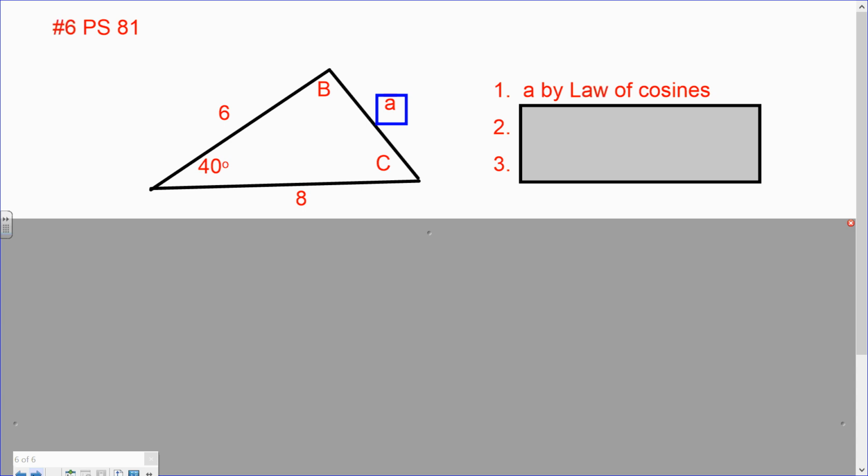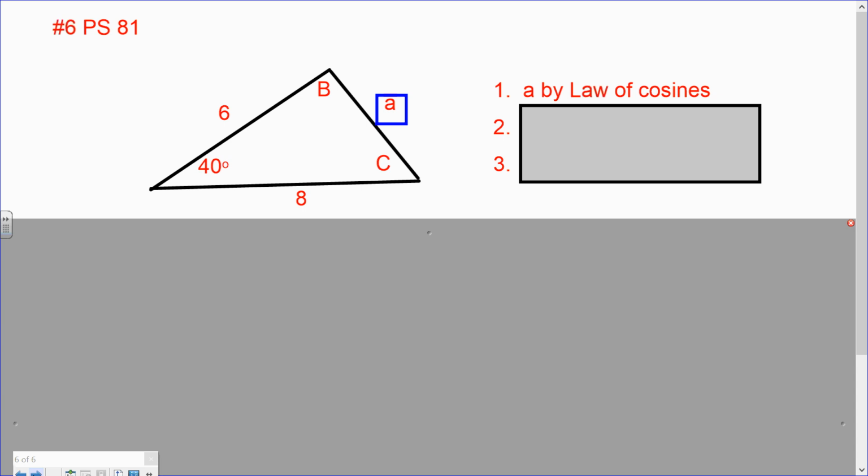Law of sines will only give us an acute answer, even if that angle really is obtuse. So we need to figure out if we can decide one out of B or C must be acute. Then we could use law of sines on that one.